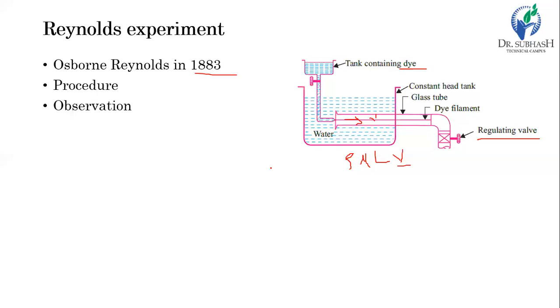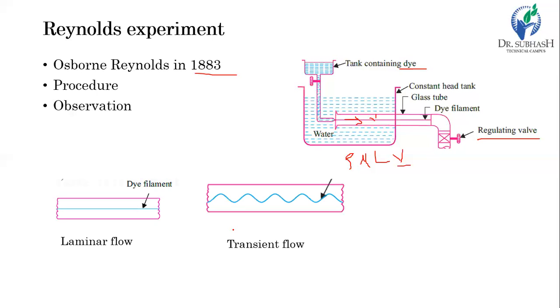When he used different velocities, he got these types of results. The first result is with very low velocity: he got a dye filament like this, very linear, exactly in a straight position. Then when he increased the velocity somewhat, he got this type of wavy filament.